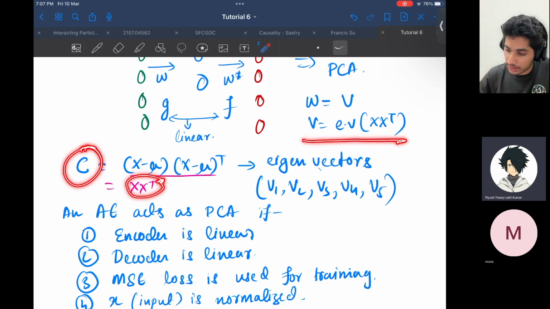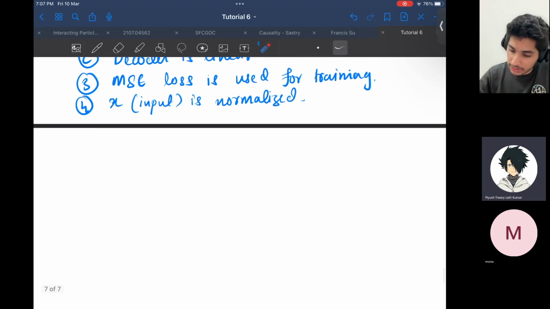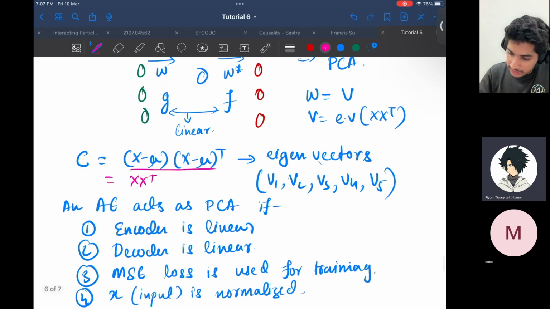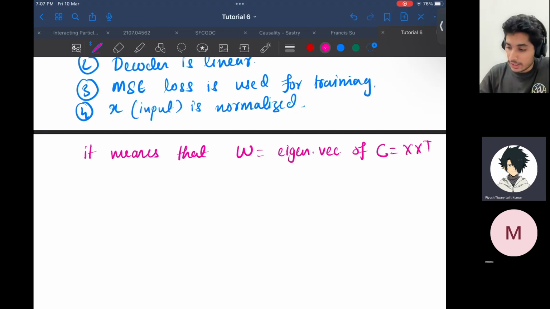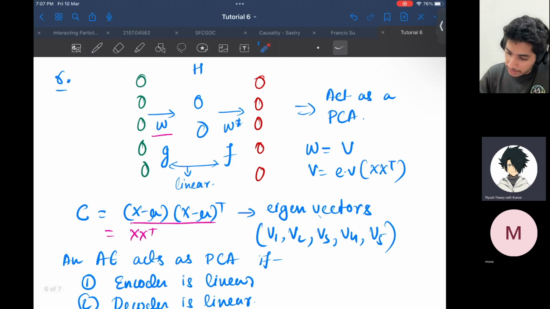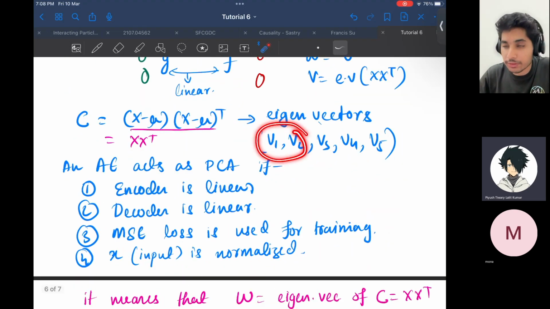The eigenvectors of C are V. It means that the W that you are learning here is the eigenvector of the covariance matrix C, which is equal to X transpose X. Since your hidden dimension is just 2, you will use the first two eigenvectors, V1 and V2.